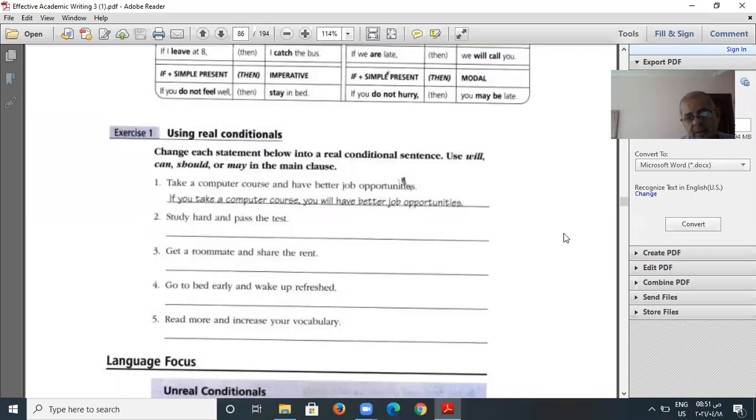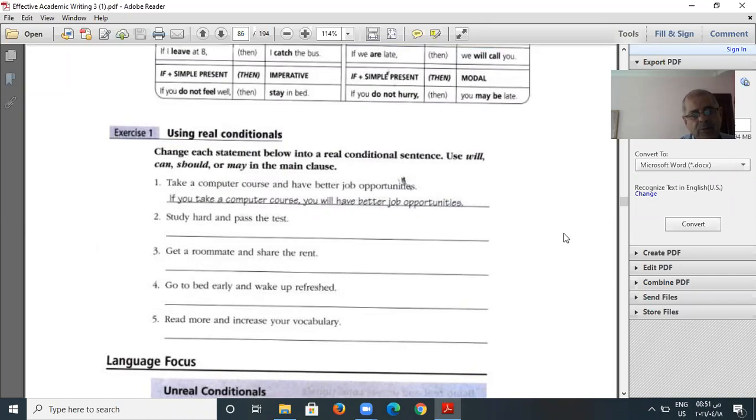So we say if you study hard, comma, you will pass the test. Then if you study hard, comma, you will pass the test.